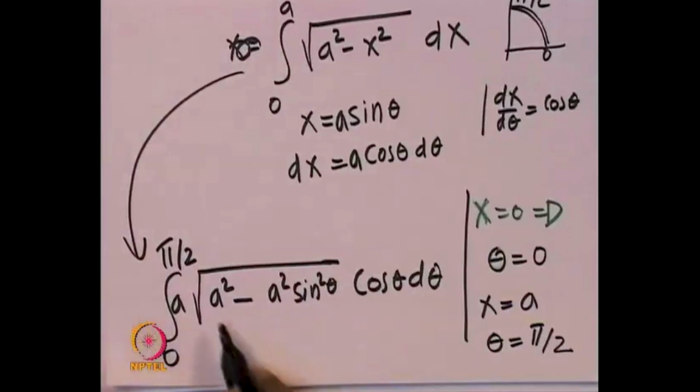So, now think about this, what do we have here? You have an a square common, so I can take a square outside. Root of a square is a.